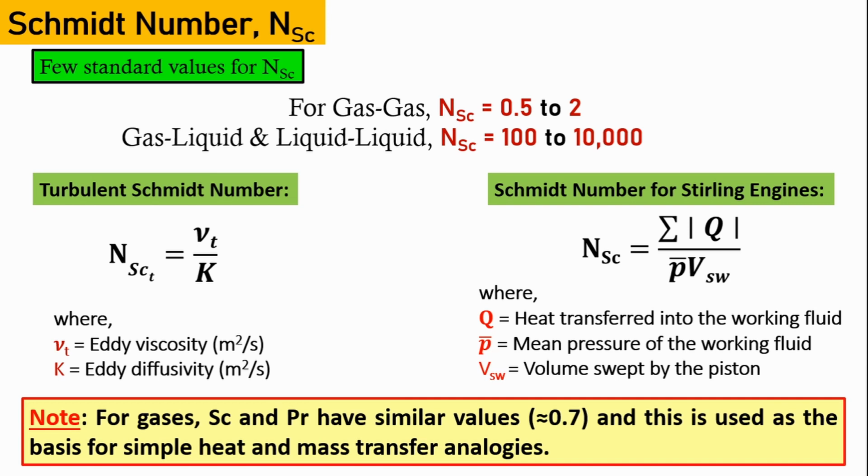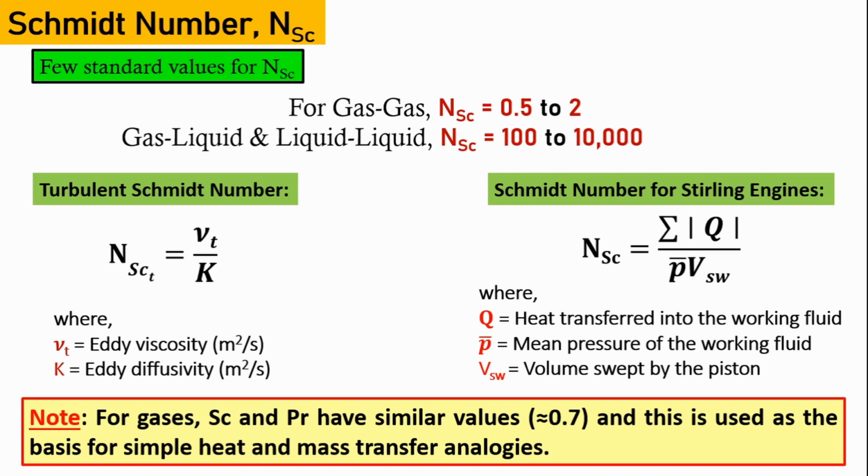The Schmidt number in case of Stirling engines. Stirling engines are actually heat engines which operate on the principle of compression and expansion similar to that of the Carnot engine which we study in thermodynamics.